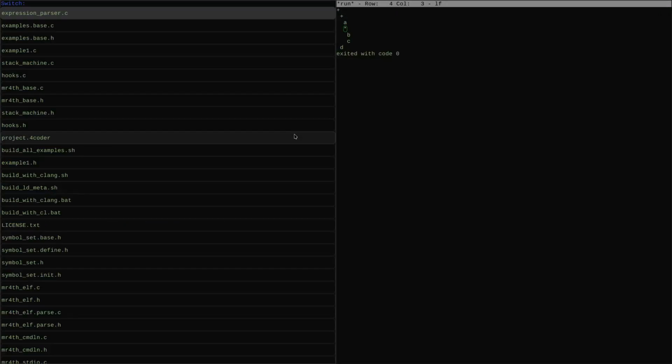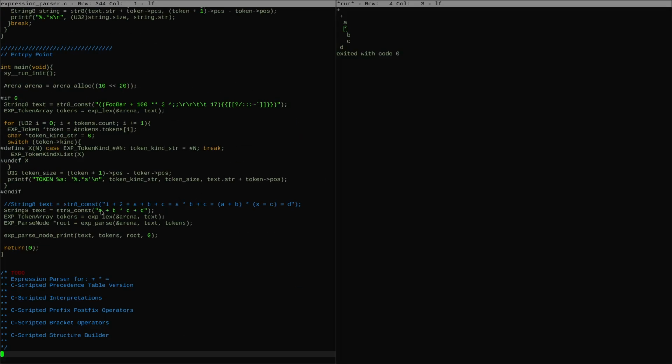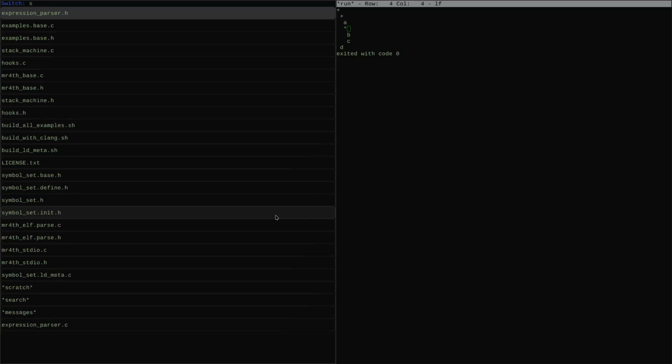So that's the A plus B times C plus D. Right? The pluses look like this because they're going left to right.